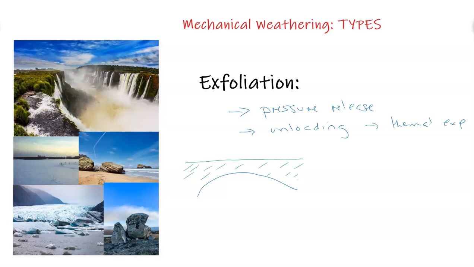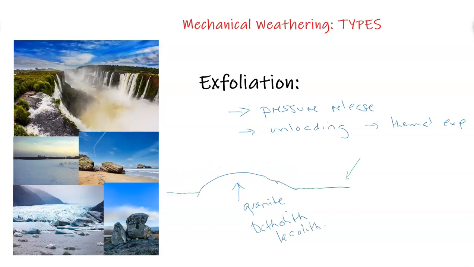Then over time, through maybe tectonic processes, this granite rock that was beneath the Earth's surface, maybe some sort of batholith or laccolith, okay? The surface is now here with the uplifted granite.